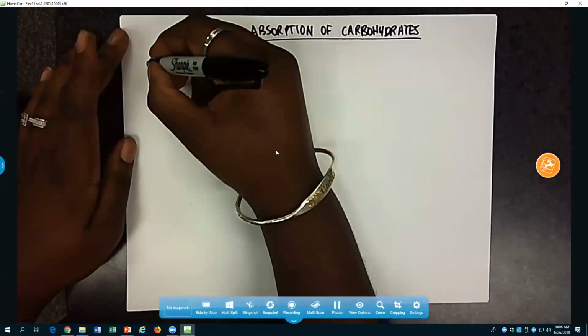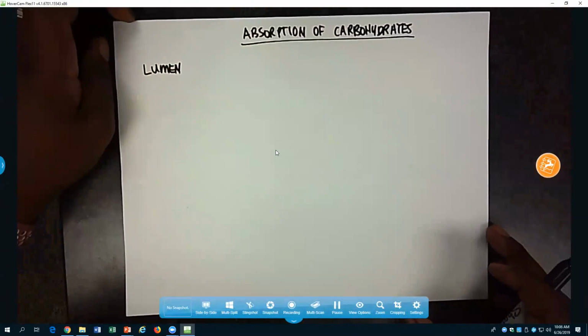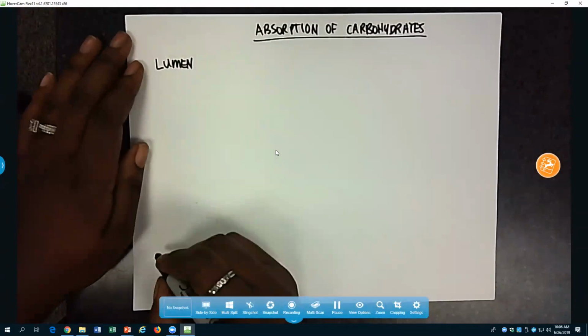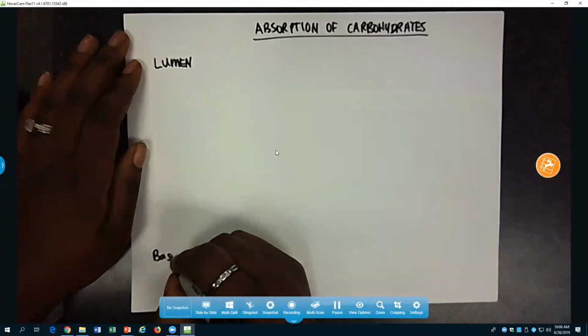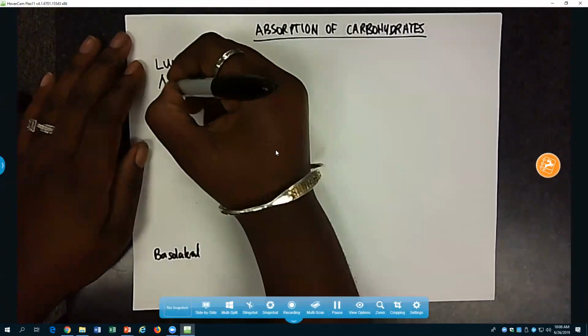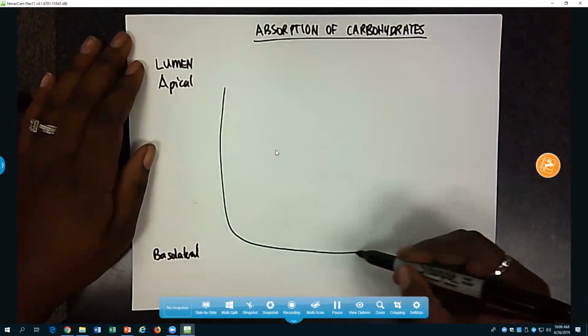All right, so we have the lumen of the GI. This is where we have those complex carbs, or those monomers that have been broken down. And then we have the basolateral membrane, or the basolateral surface, and the apical surface. So this is our cell, our epithelial cell.